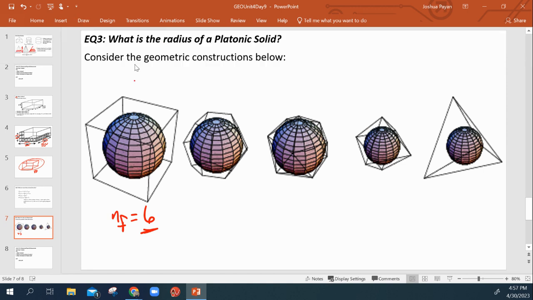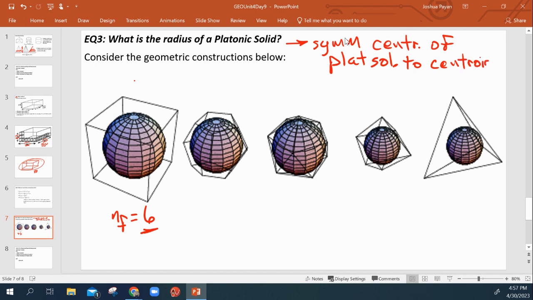The radius of a Platonic solid is simply from the symmetrical center of the Platonic solid to the centroid of one of the faces, one of its surfaces.